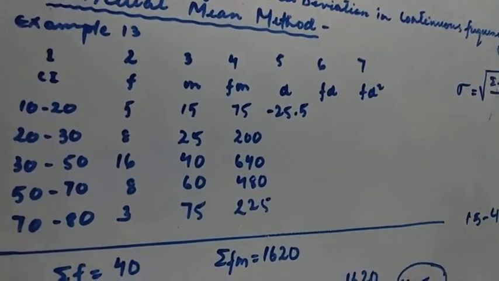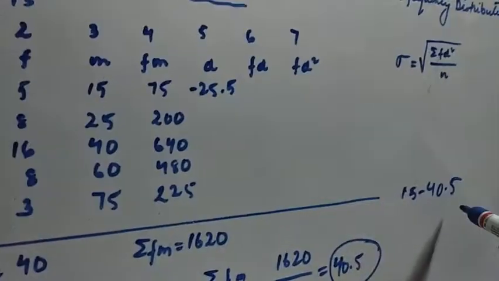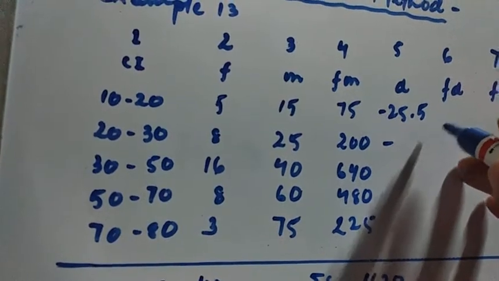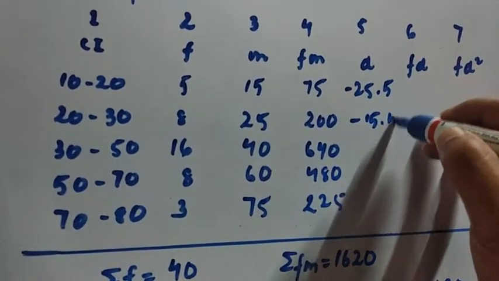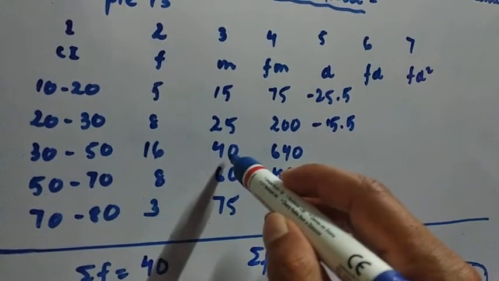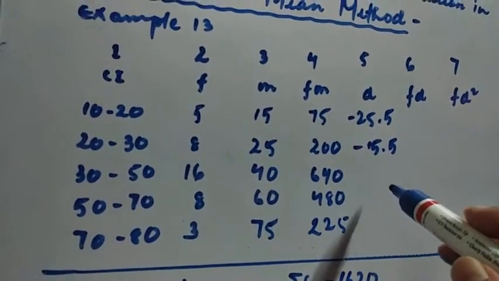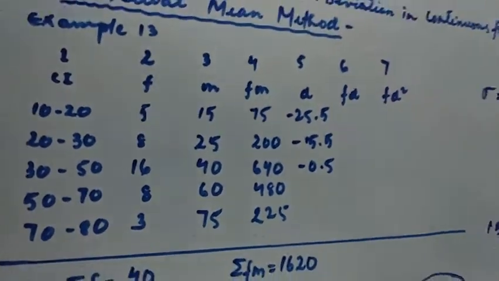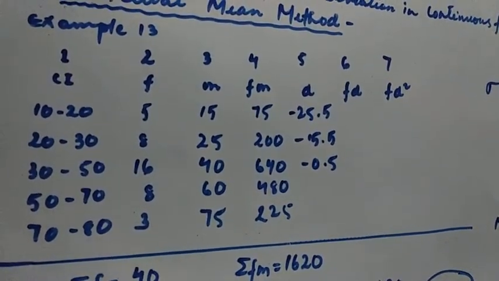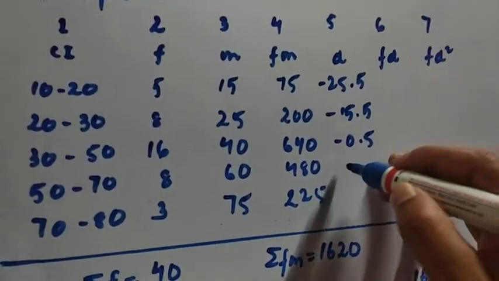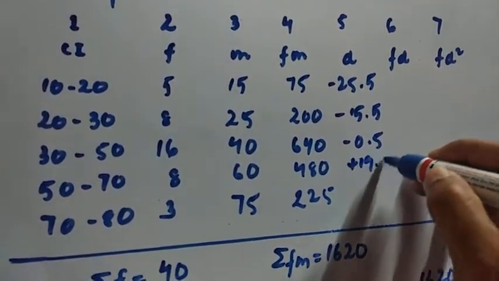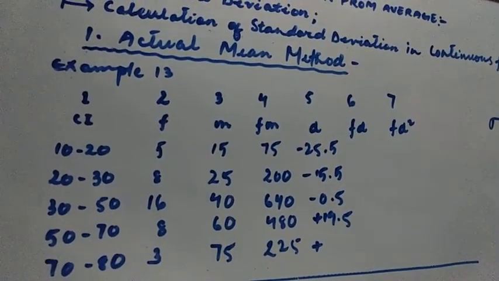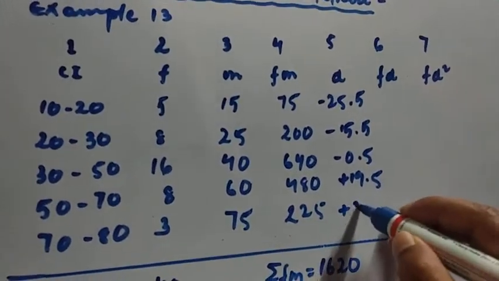The next, 25 minus 40.5, is minus 15.5. 40 minus 40.5 is minus 0.5. 60 minus 40.5 is plus 19.5. 75 minus 40.5 is plus 34.5.